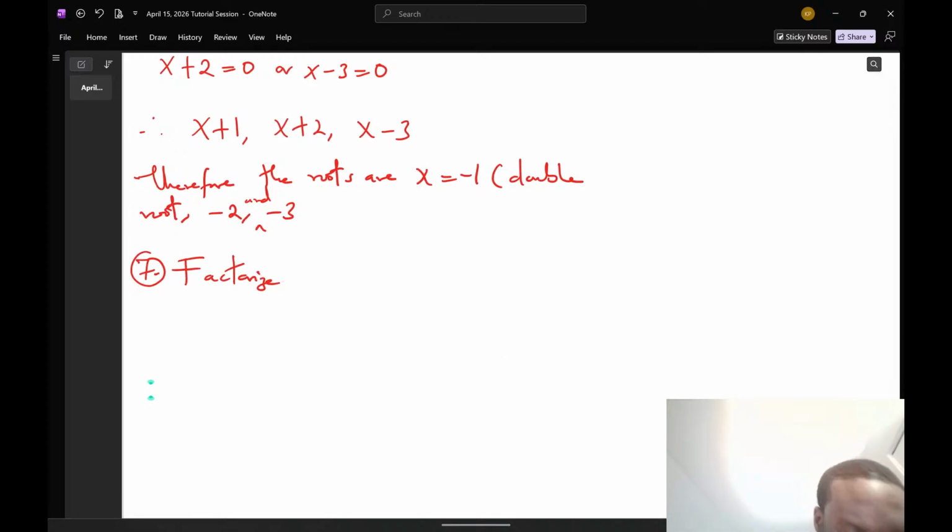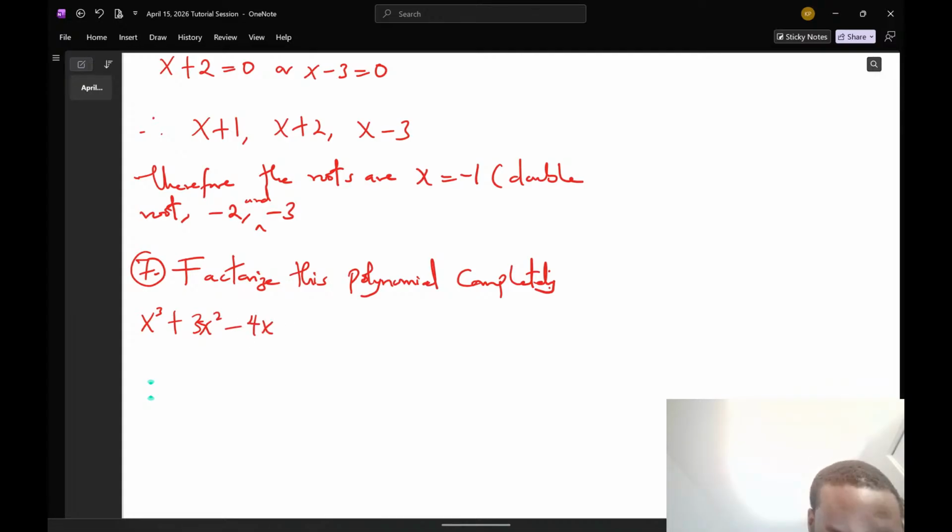Factorize this polynomial completely. So we have x cubed plus 3x squared minus 4x minus 12.